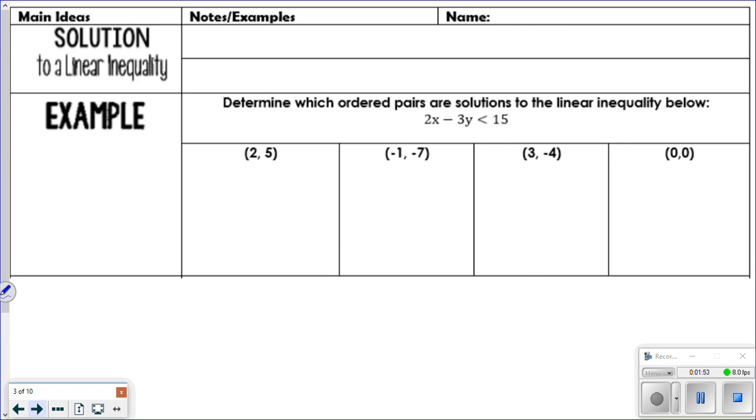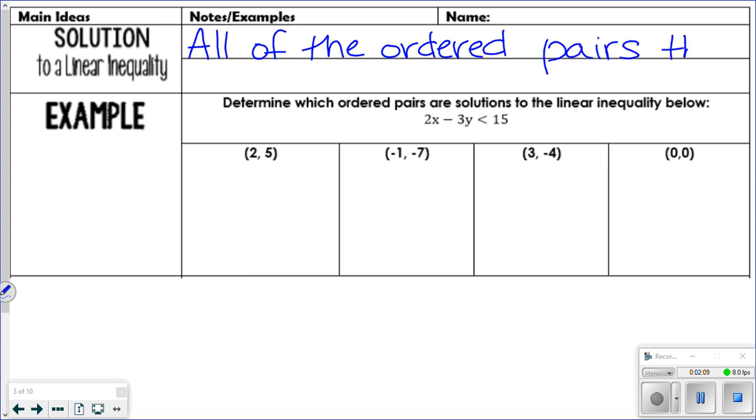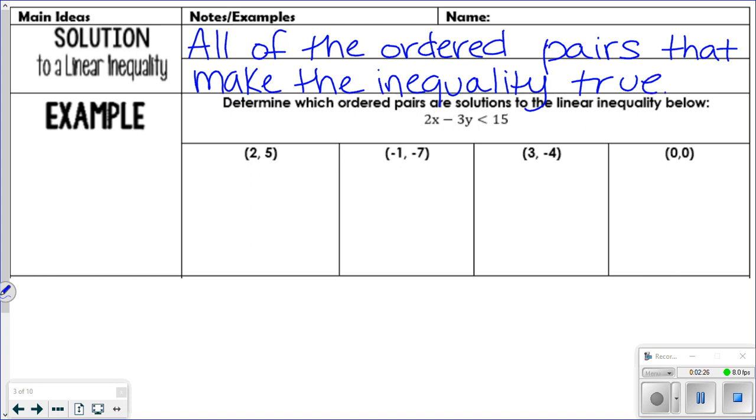So a solution to a linear inequality is all of the ordered pairs that make the inequality true. It's like the shaded region that we looked at yesterday in the book.